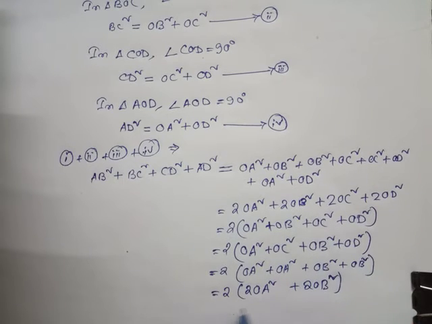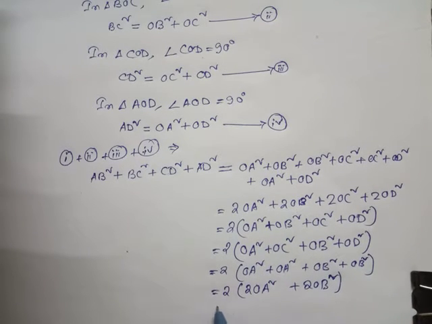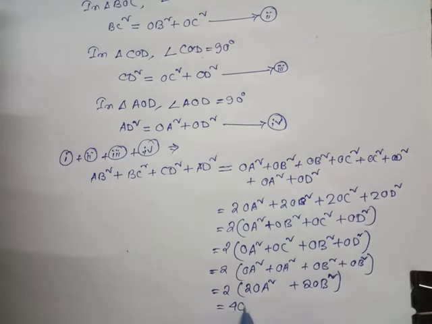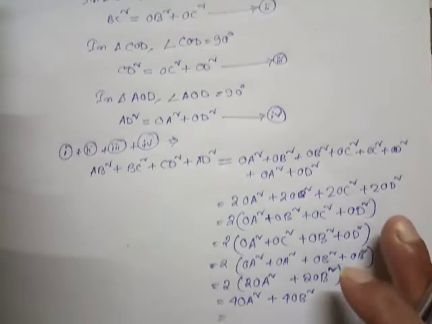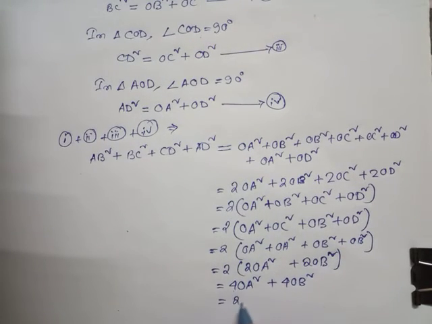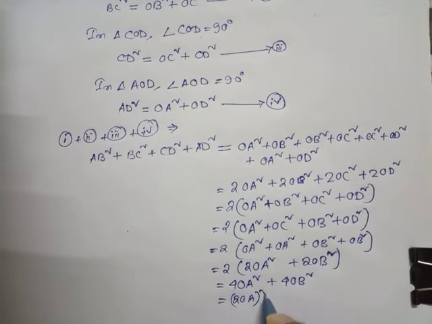Now if I want to go for the multiplication here, so 2 into 2, 4 OA square, and there is 4 OB square. Now this can be written like 2 OA whole square and 2 OB whole square.